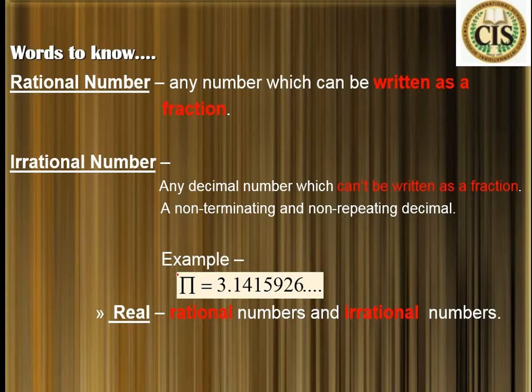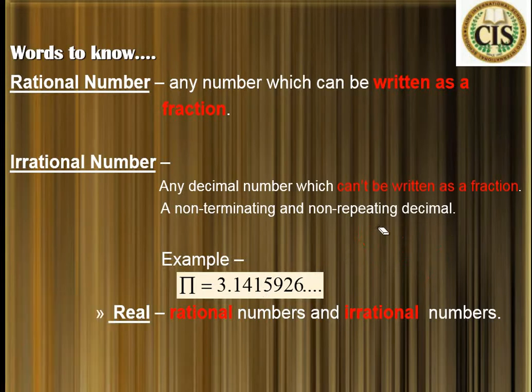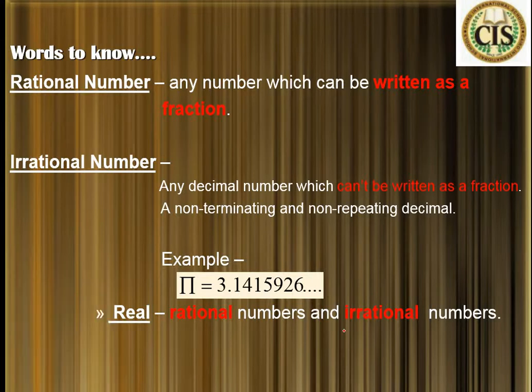Therefore, pi is an irrational number, and like root 3 and cube root of 2, and we said any number that hasn't got a perfect square or perfect cube. And real numbers are rational numbers and irrational numbers. Very good.